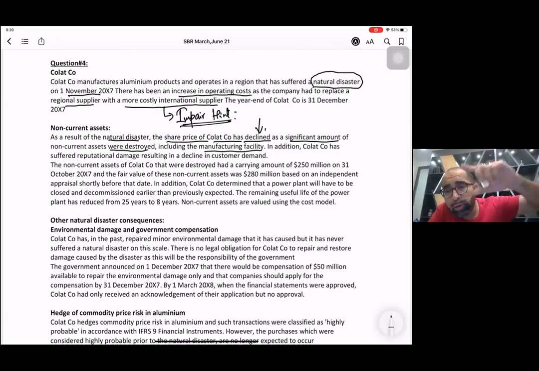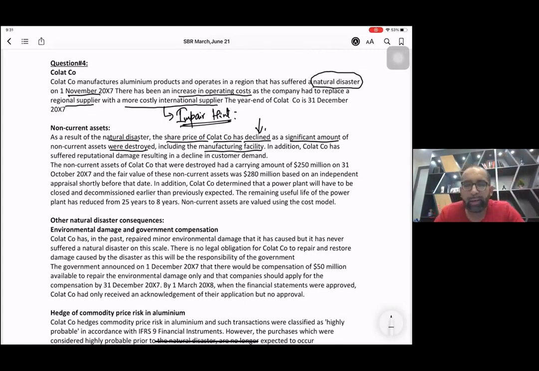So that means the whole overall worth of your company goes down. So this is also a hint of impairment. If you remember IAS 36, let me quote you the exact words: if the carrying value of net assets is greater than market capitalization, this is also an impairment hint.